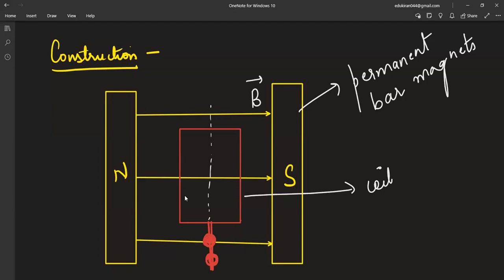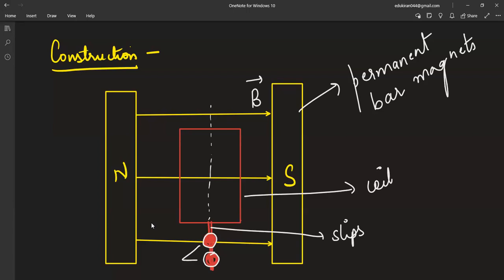Now this coil is attached through slip rings. All right, these slip rings are present. These circular portions you are able to see, this and this, are two slip rings which are connected.